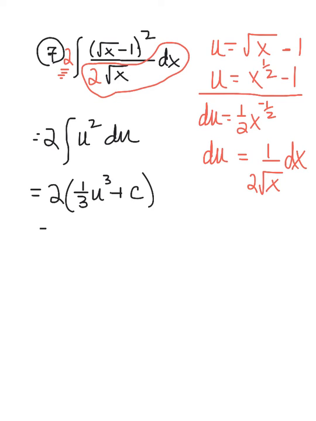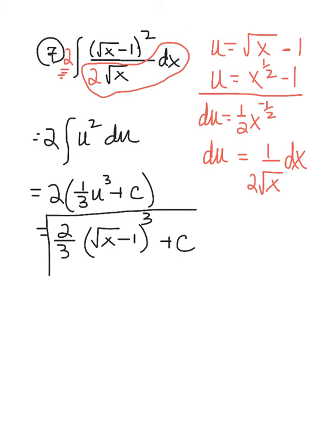I'm going to multiply that 2 and that 1/3, so that's 2/3 u cubed. Now, remember, I have no bounds here, so I'm plugging my u back in. So then that is going to give me 2/3 times radical x minus 1, that's my u, cubed, plus c. And there's your answer.